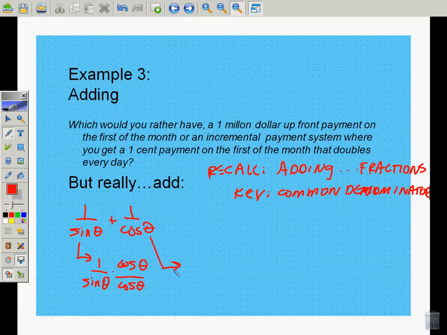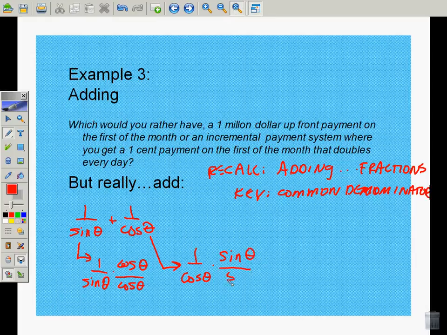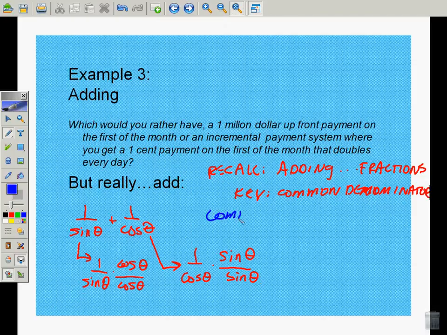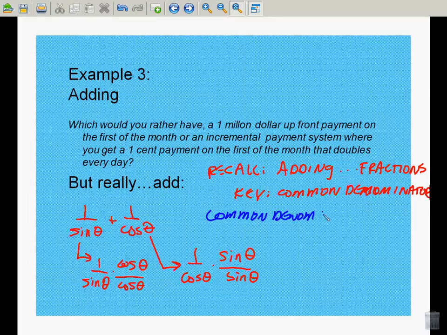And when I come down here, I'm going to have 1 over cosine theta times sine theta over sine theta. What I've just done there is multiplied each by the equivalent of 1, but now my common denominator, I'm even going to write it in blue. My common denominator is cosine theta times sine theta.